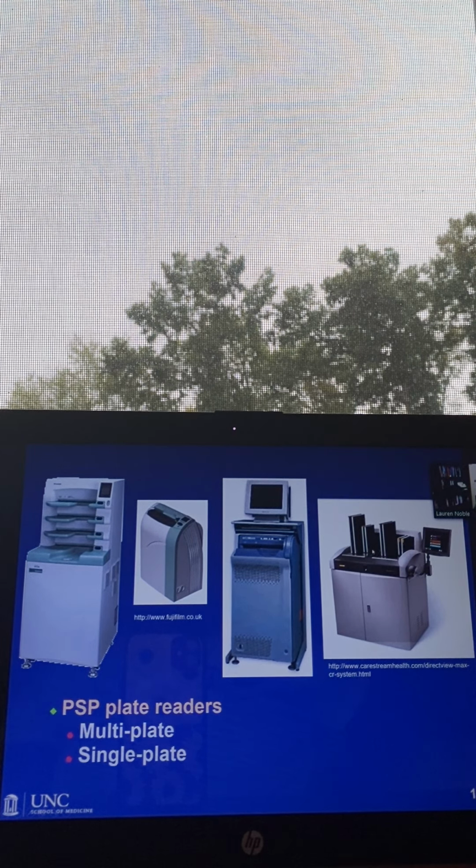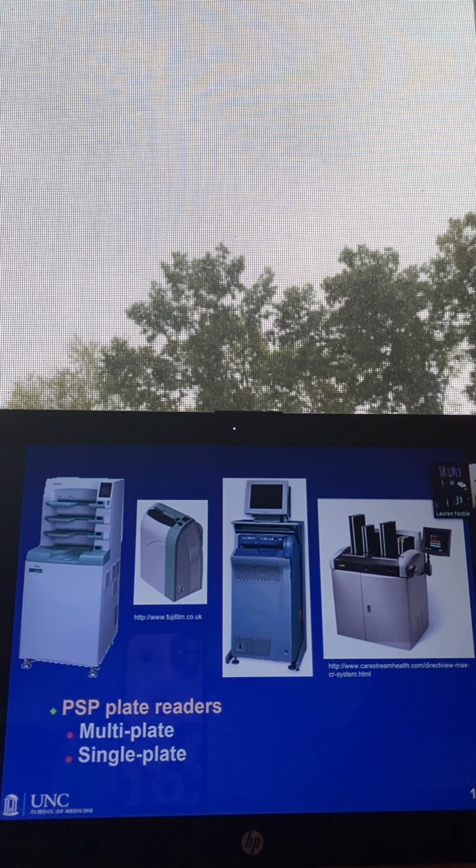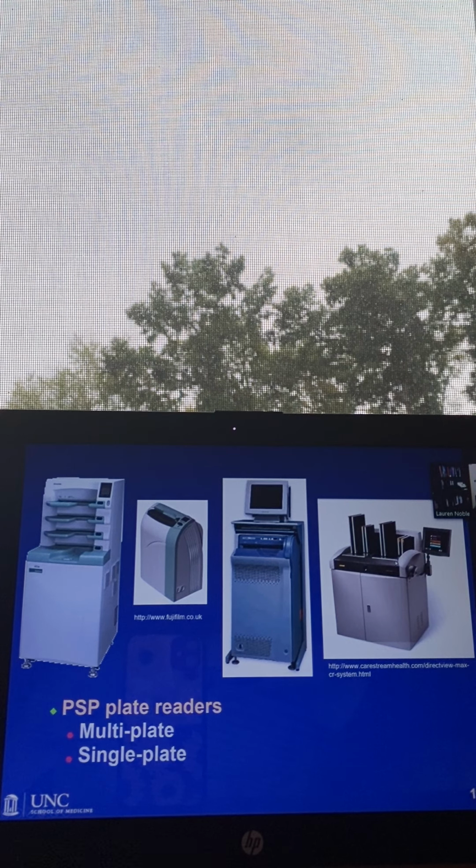When they get to the end of the conveyor belt, the plate will get sucked down into this reader device. Anyway, it's just a different setup, and here you've got a workstation attached directly to it. Because Kodak or Carestream, they also made phosphor plates, just like Fuji. It's just a different way of doing it. Every vendor was a little different.